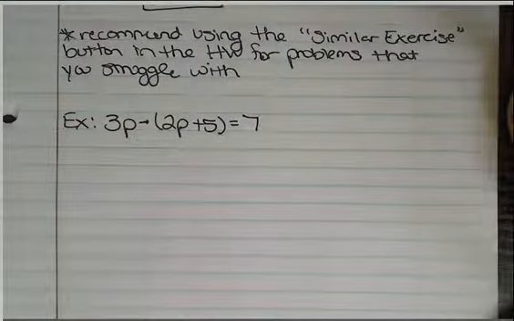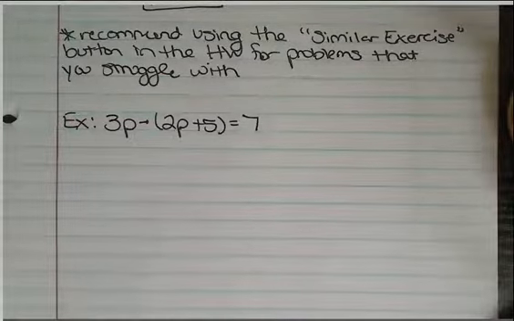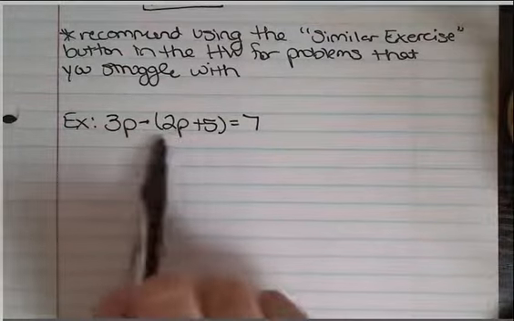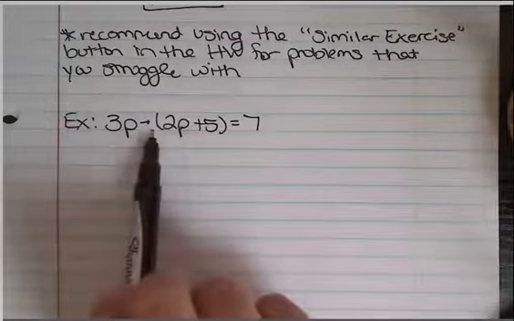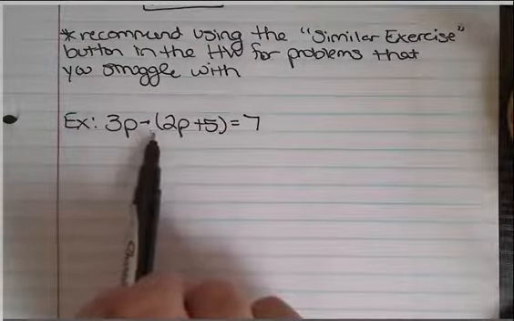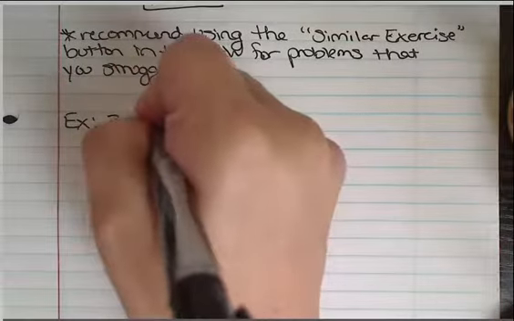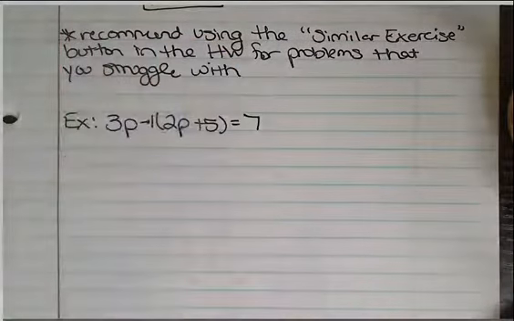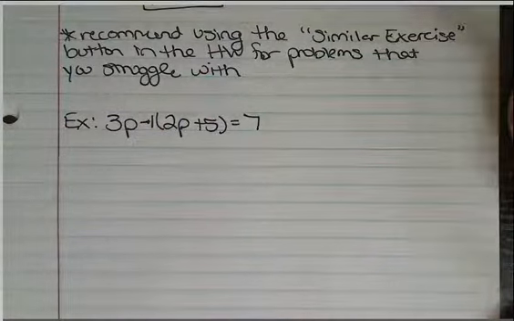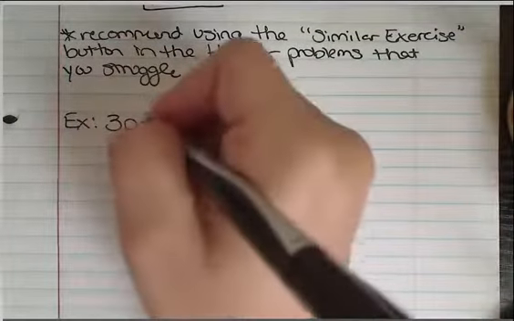Now, if you look, we do have parentheses here, but we just have a minus out front. Remember, that's the same thing as having like a minus 1 out front, multiplying everything. So we still distribute in that negative to everything on the inside. So we still take that times the positive 2p, and we still take that times the positive 5.